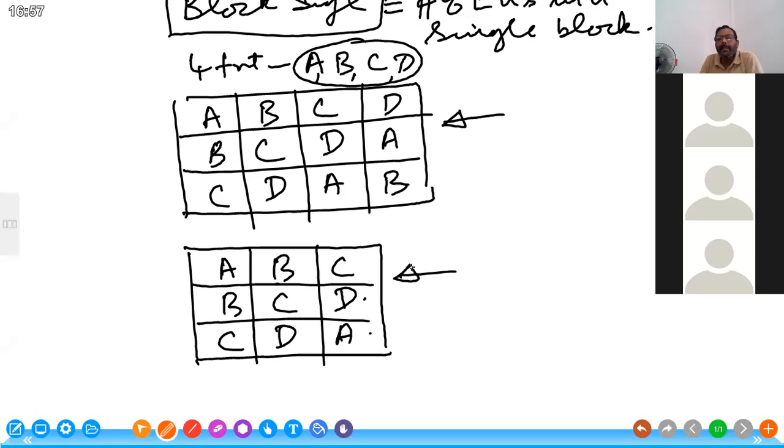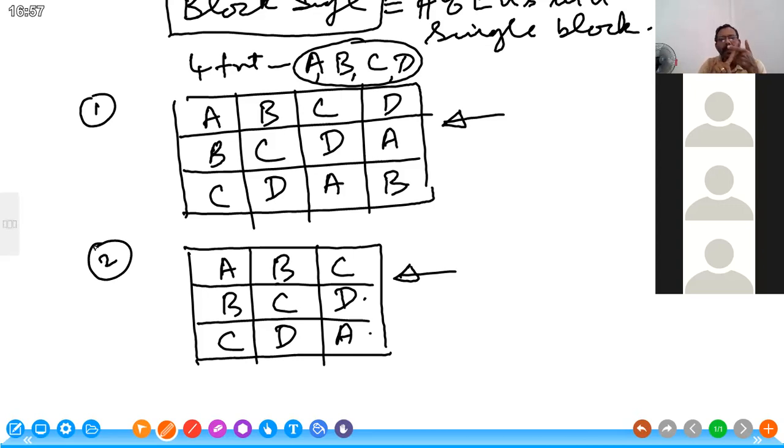Tell me, what is the difference between these two? Sabiba, what is the difference? Block size is different. First situation, second situation, block size is different.